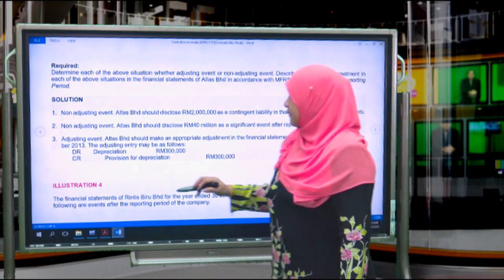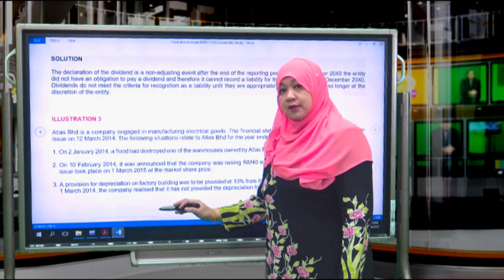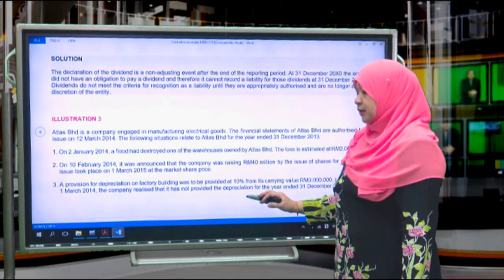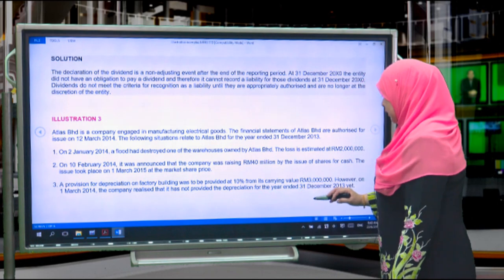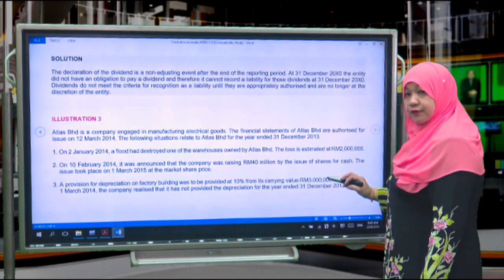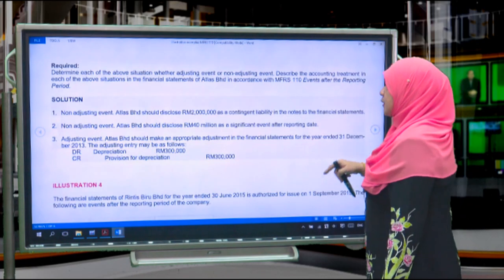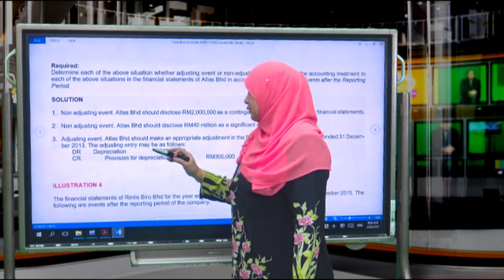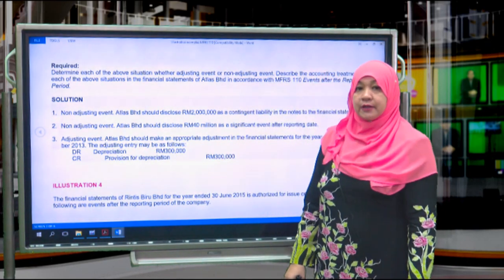In this case, they have forgotten to record the depreciation. So, we need to calculate the depreciation amount of 10% of the carrying value of 3 million. So, that is 300,000. So, we debit depreciation 300,000, credit provision for depreciation 300,000.